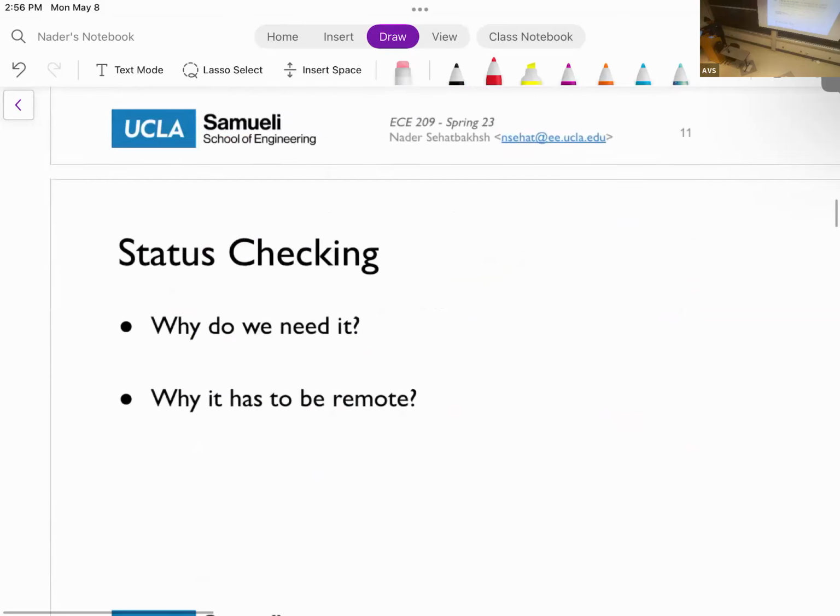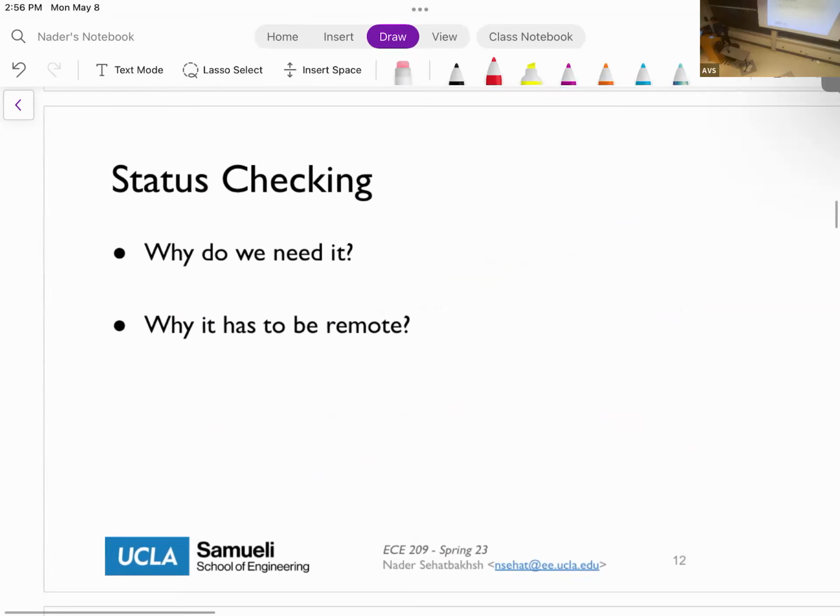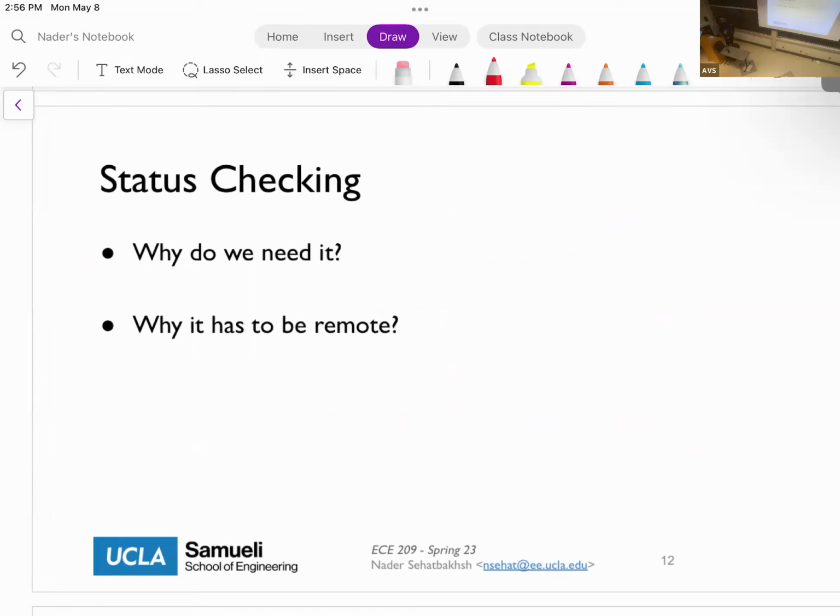Okay. So status checking. Why do we need it, and why does it have to be remote? As I said, the biggest issue that we have, remember, we are mainly talking about edge devices and IoT devices in this course. We're not talking about stationary devices.